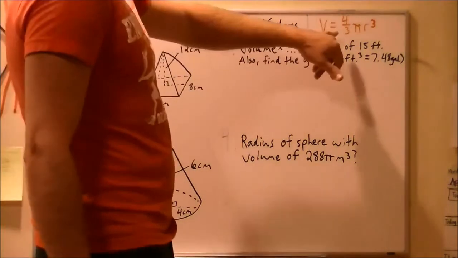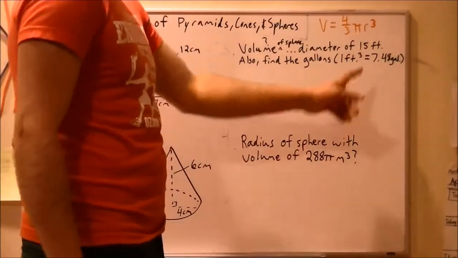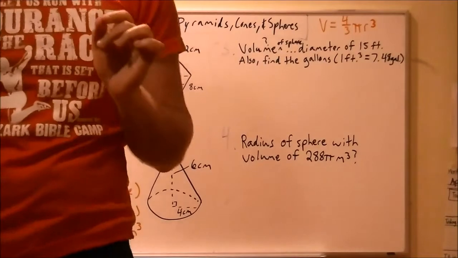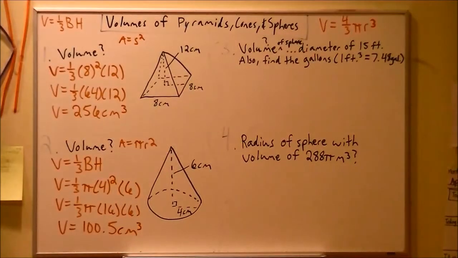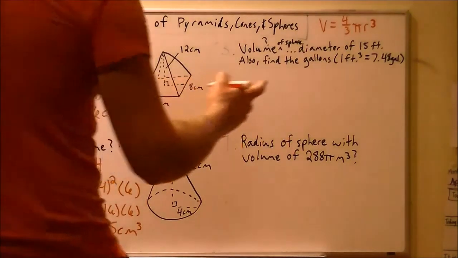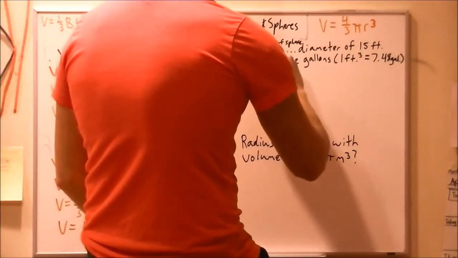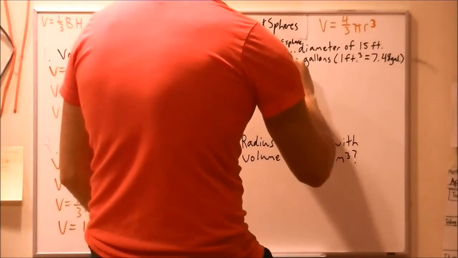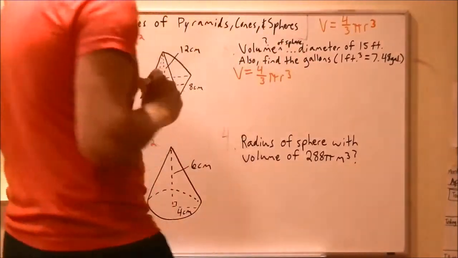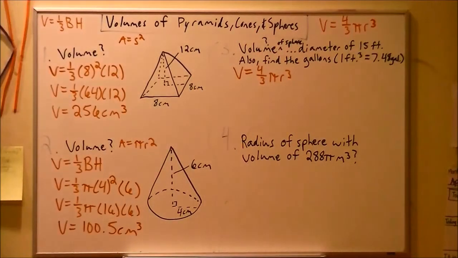So volume equals 4/3 times pi times the radius cubed instead of squared. That's the difference, so I'm going to write it: V equals 4/3 times pi times r, the radius, halfway across that circle, cubed.